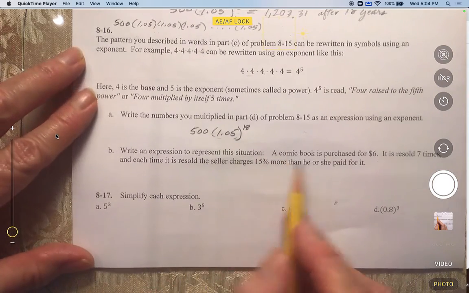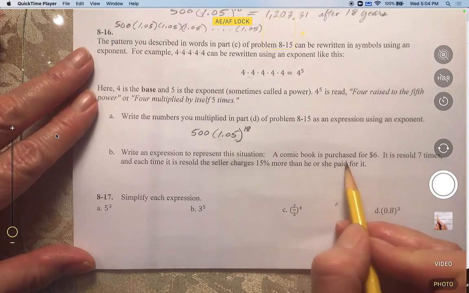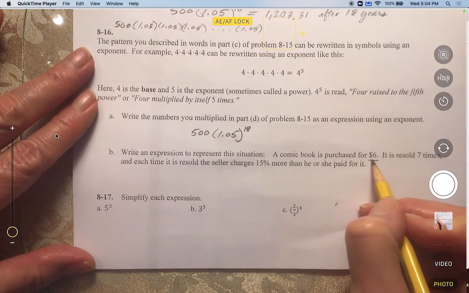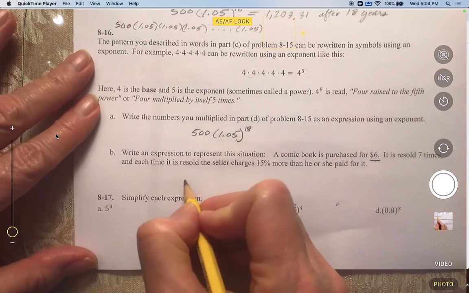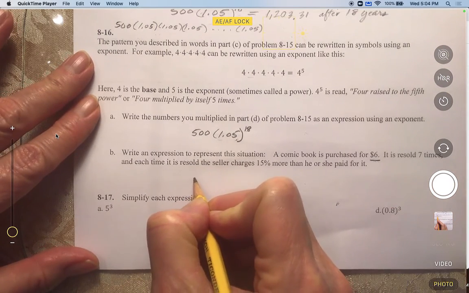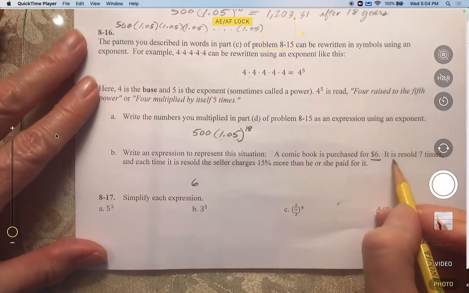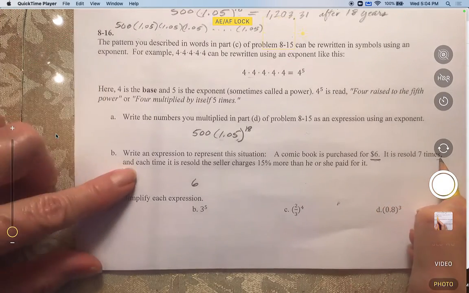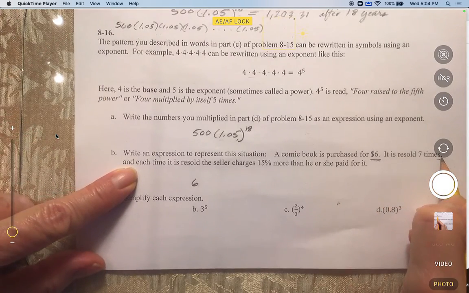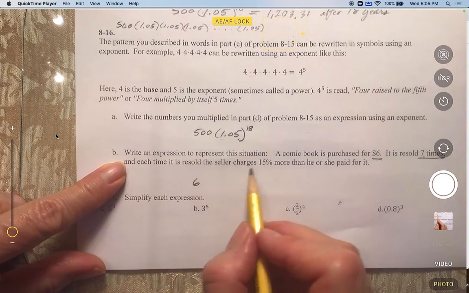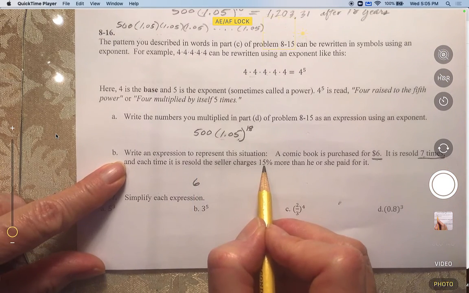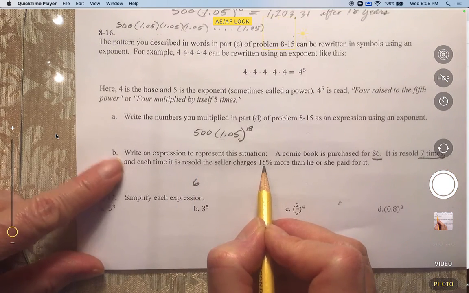In this case, the comic book is purchased for $6, so that's going to be our base or our balance. So that's 6. And then it's resold 7 times, so let's keep that number in mind, 7 times. And each time the seller charges 15% more than he or she paid for it.